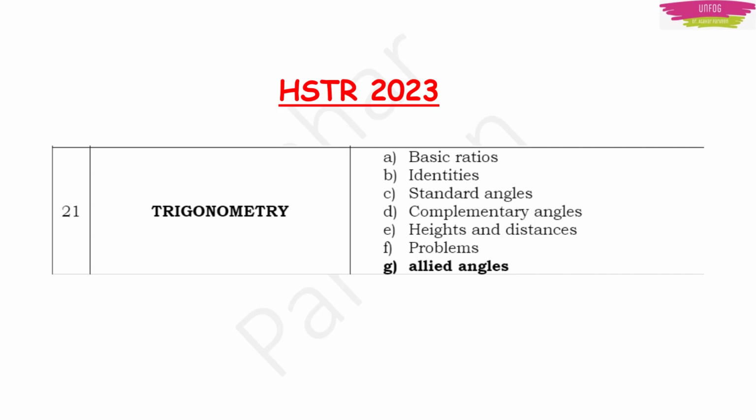Even in the previous class we discussed basic ratios, identities, standard angles and complementary angles. In this class also I will give one nice gist about these 4 topics, and I will focus on problems based on these.